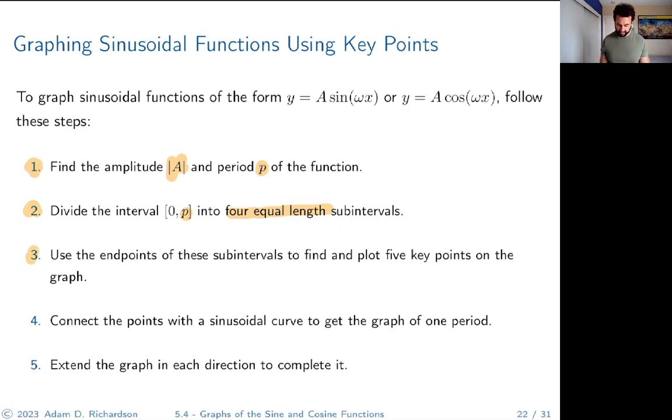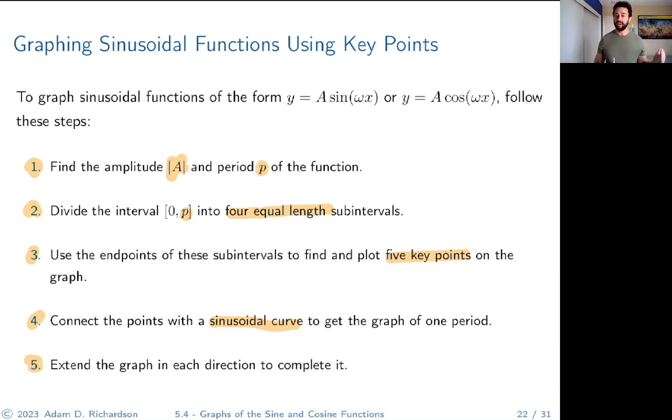Use the endpoints of those subintervals to find and plot 5 key points on the graph. Then you connect the points with a sinusoidal curve, a nice smooth curve. Then, last but not least, extend the graph in each direction to complete it.